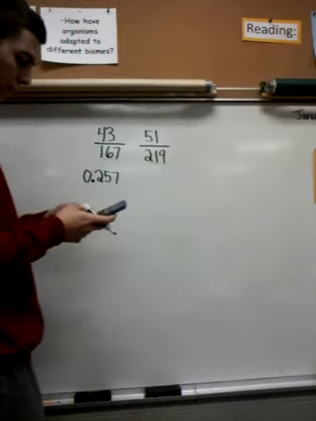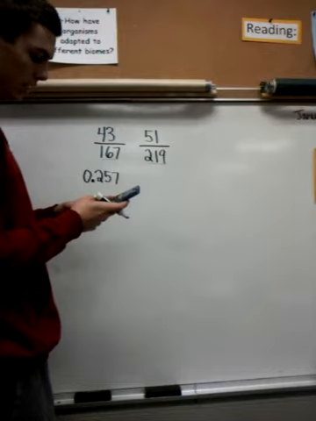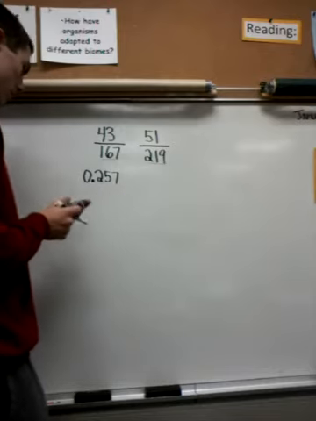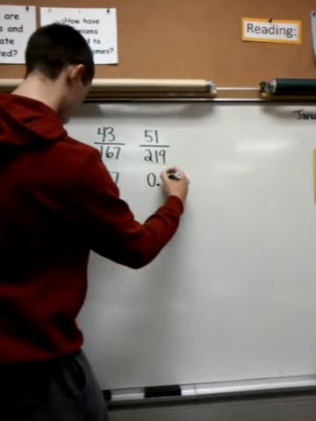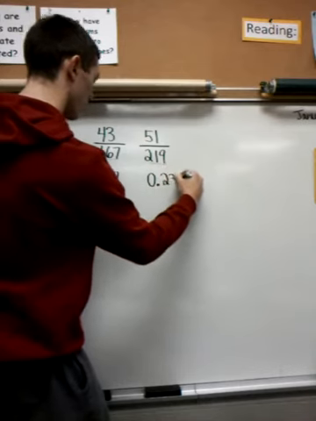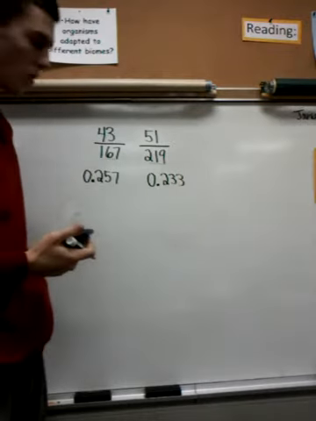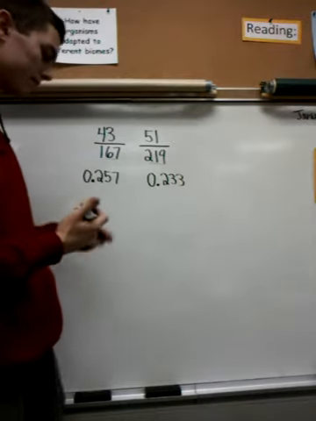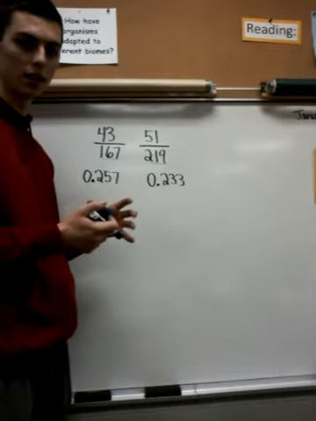Alright, and then 51 for Juan divided by 219 total that he earned, and that number comes out to 0.233.